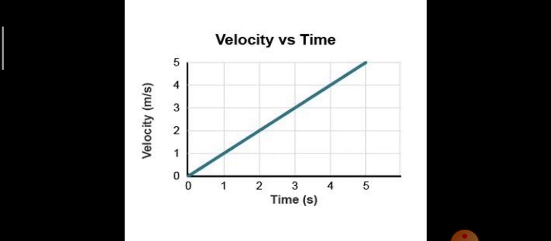If that is the case, how can we calculate the area of triangle OAB? Yes, the area is half into base into height, or half into OB into AB, where OB is the base of the triangle and AB is the height of the triangle.